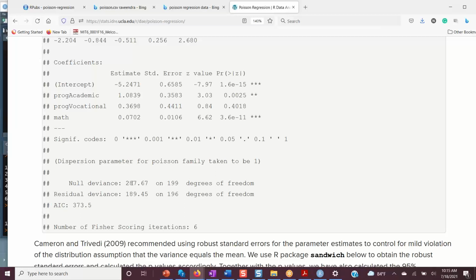The null model means there is no model at all, and due to the model you are able to reduce the residual deviance, the residual error, this much. It is reduced from 287 with no model at all. Null deviance means no-model deviance. Residual deviance means the deviance of the model we built.